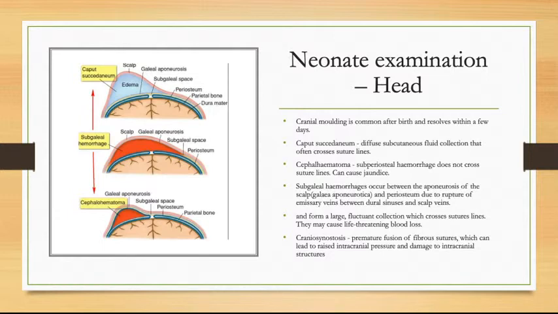Subgaleal hemorrhage is actually quite a rare condition, but it can cause life-threatening blood loss, and it's when there's bleeding between the galeal aponeurosis and the periosteum, and this is due to rupture of the veins between dural sinuses and the scalp veins. Cranial synostosis is when there's premature fusion of the fibrous sutures, and this can lead to raised ICP and damage to the intracranial structures.